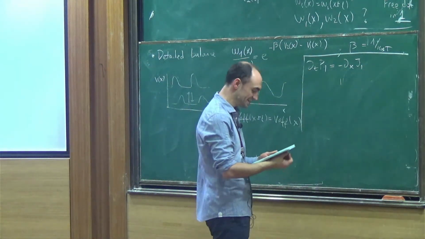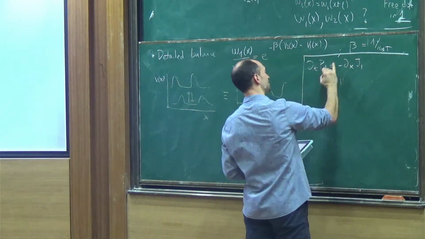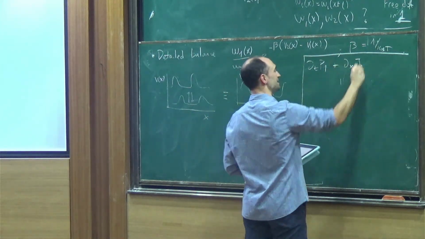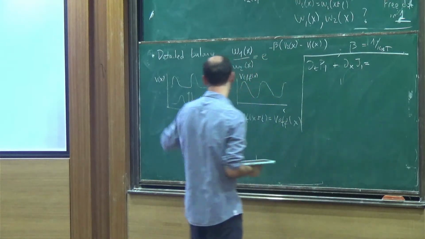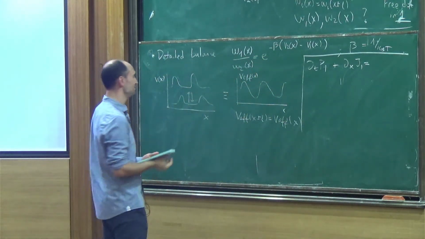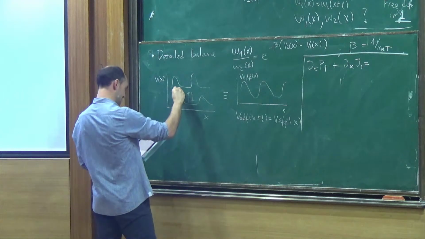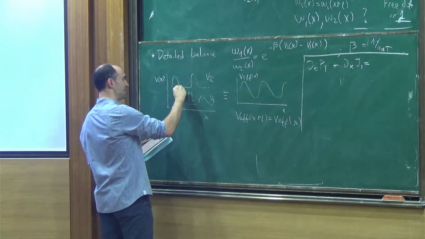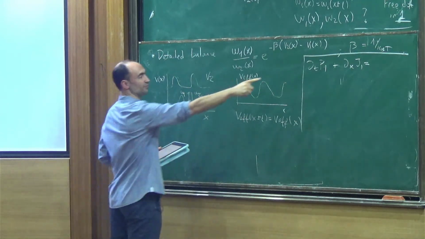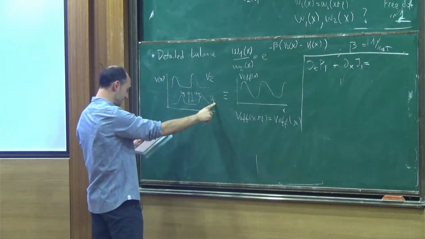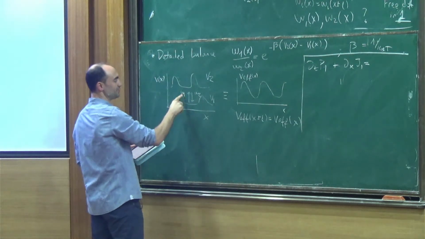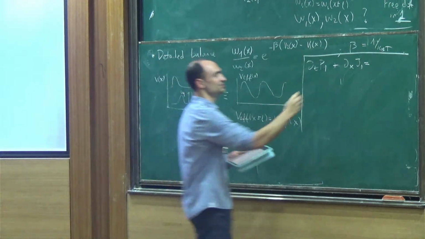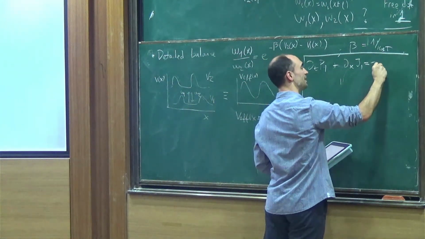The something else is the following. Actually, I can move this to the left, put with a plus. And this something else is the switches. Remember, this is V2, this is V1, this is omega 1, omega 2. So for P1, you have a loss term with rate omega 1: minus omega 1 P1.